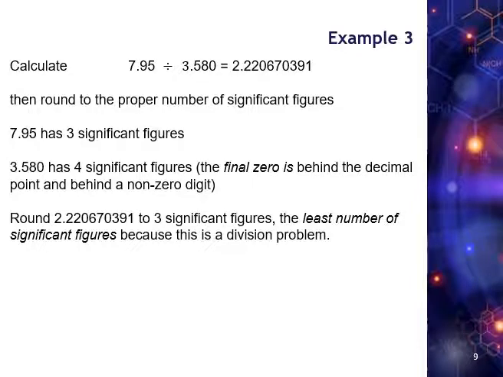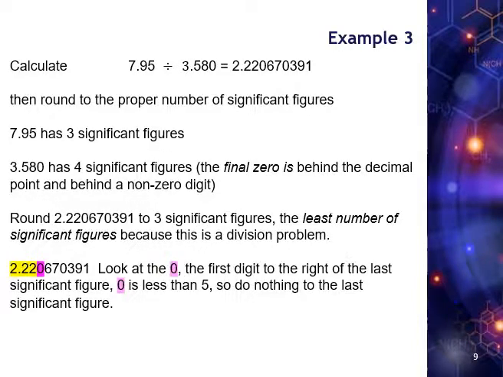However, this is a division problem, so we're going to round to the least number of significant figures. 3 is less than 4, so we're going to round to 3. We're going to round 2.220670391 to 3 digits. You look at the 0, which is the first digit to the right of the last significant figure. 0 is less than 5, so do nothing to the last significant figure. The correct answer is 2.22.